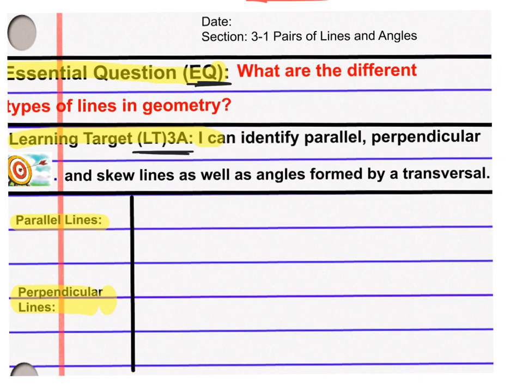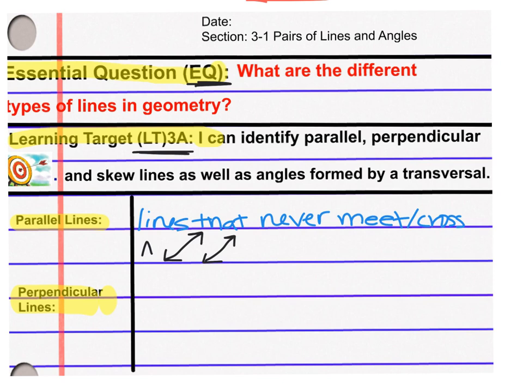So parallel lines are lines that never meet or cross. Okay, so something like this. Let's say this is line A and this is line B. If I wanted to write that, I would say line A is parallel to line B. Also, parallel lines have the same slope.